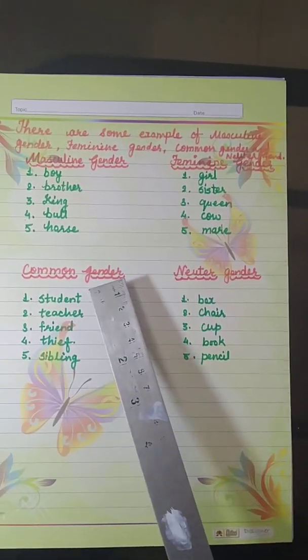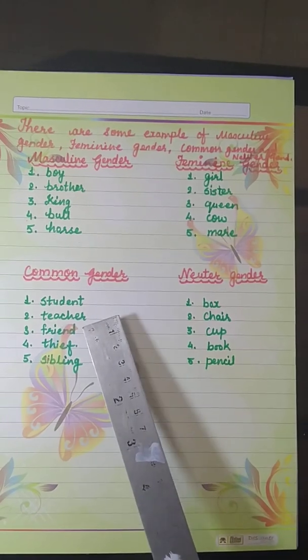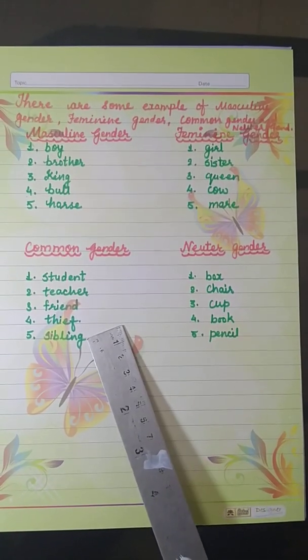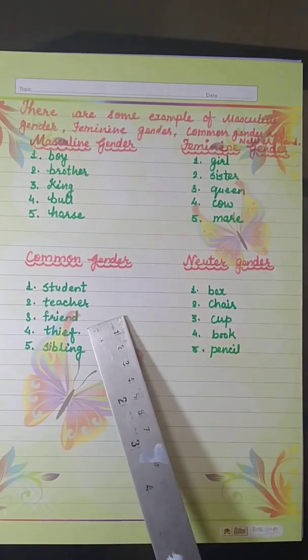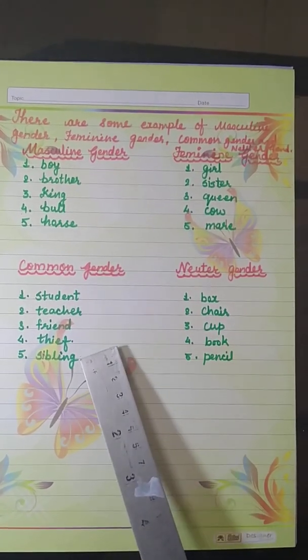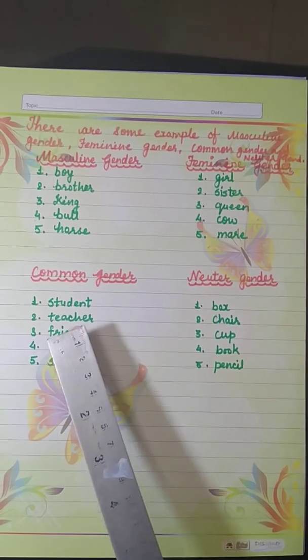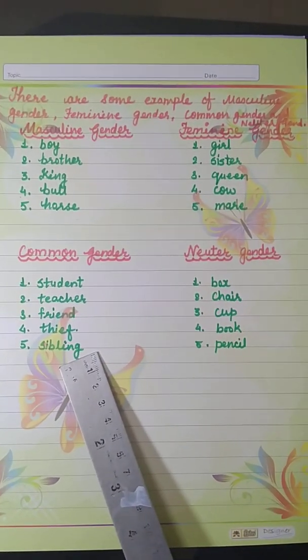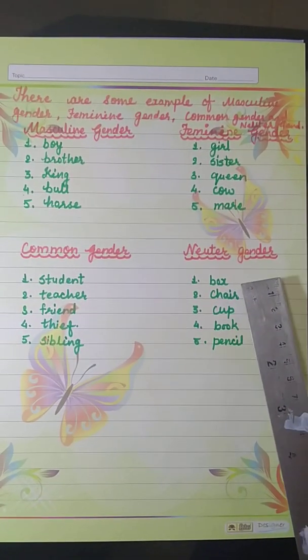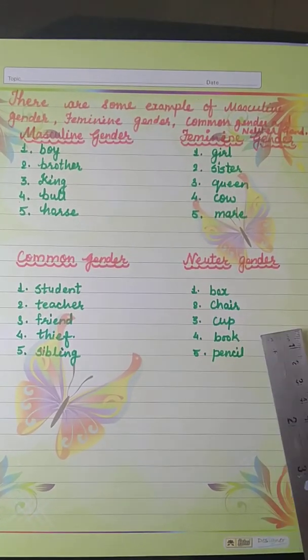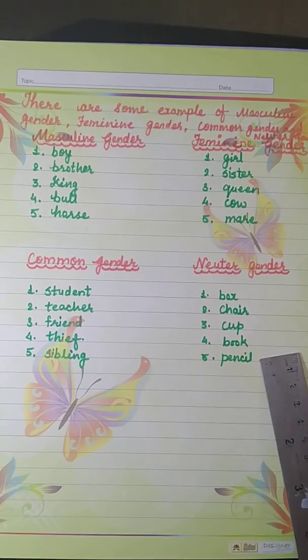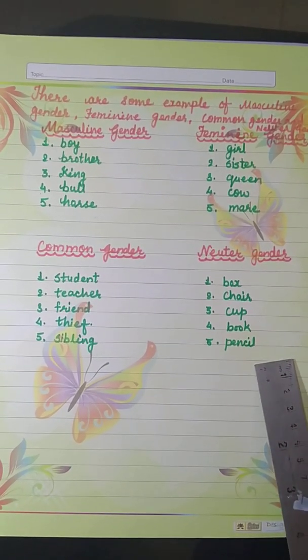Now come to the common gender: student, teacher, friend, thief, sibling. So these are all, it can be male or female. So we categorize it in common gender. Now neuter gender: box, chair, cup, book, pencil. So these are all lifeless objects.